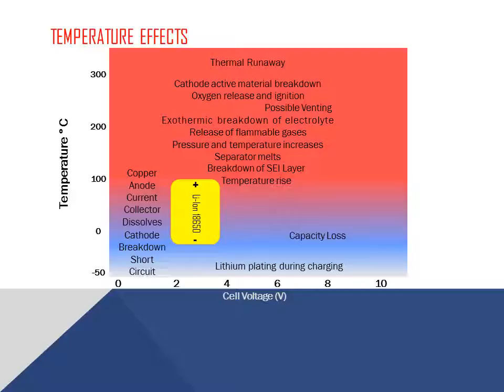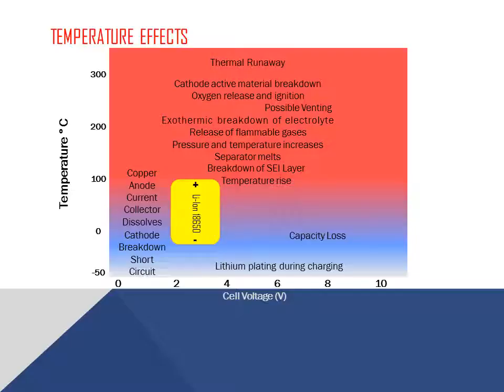Please spend some time looking at the effects of different temperature and voltage conditions on a lithium-ion cell. For example, you may note that the current collectors are the first component of the battery to start decomposing at relatively high temperature conditions.